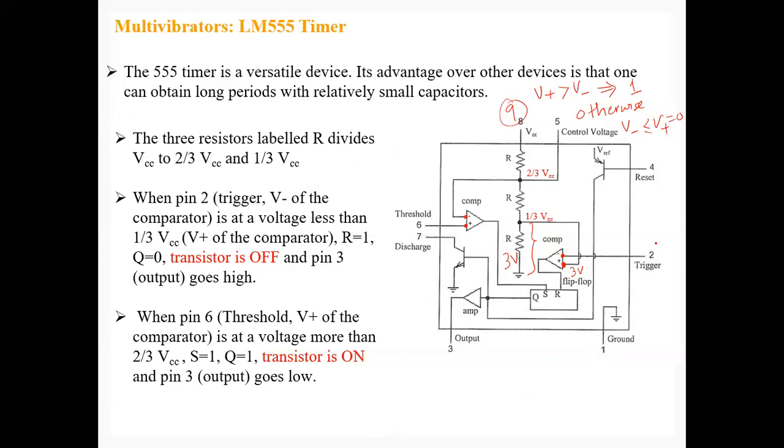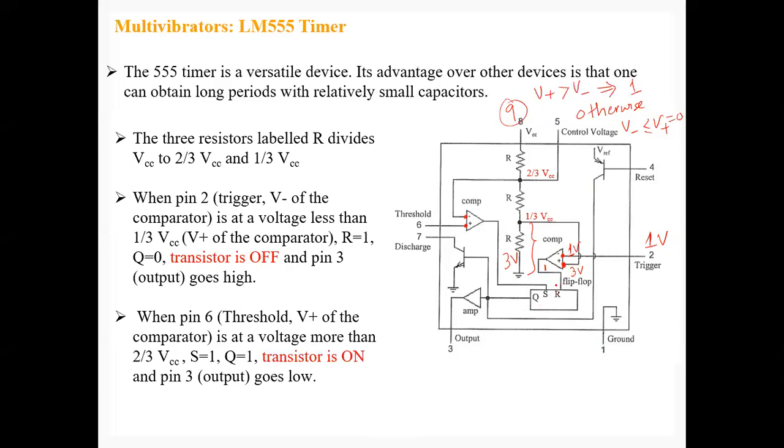So let's say voltage here is 1 volt. Then what is the output here? 1. This gives you 1 because your B plus is greater than B minus. 3 is greater than 1, that's why it gives me 1.